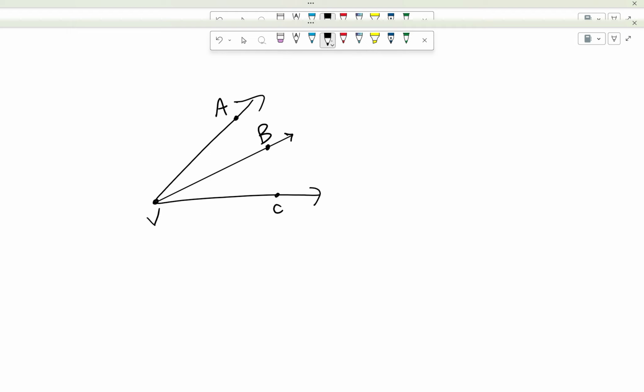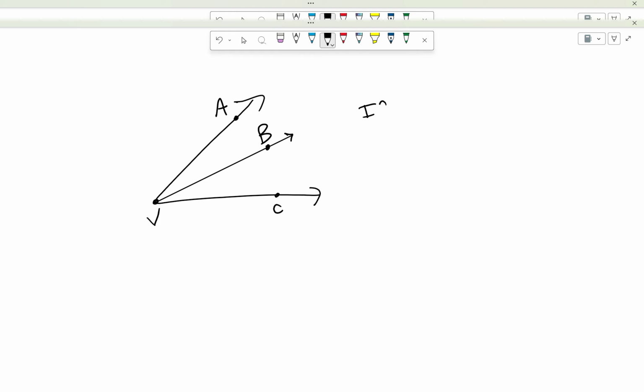All right, so here's my problem. I'm gonna actually write this out because this is gonna be a little bit easier with some of the notation that we're gonna do.